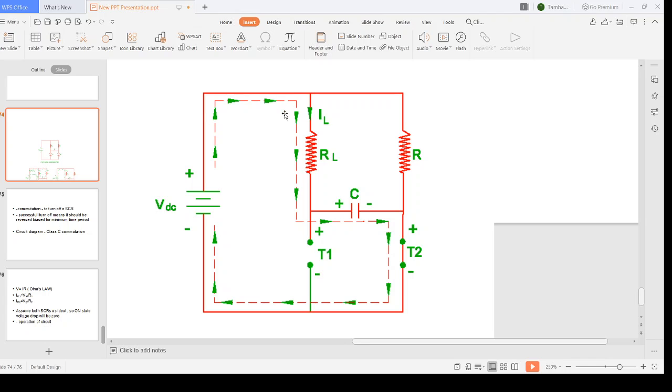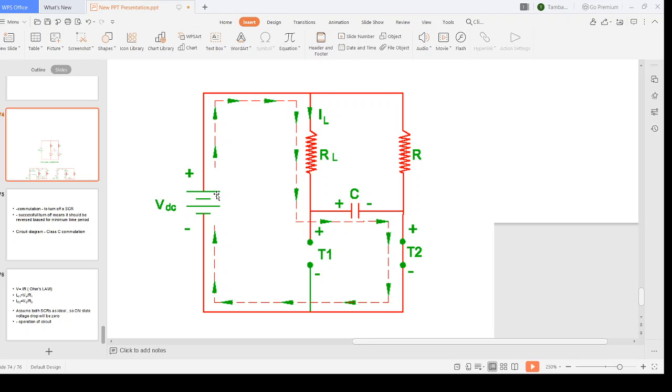I is the value of current, flowing through thyristor T2, and thyristor T1 is in off state. There is an open circuit, or no connection between these two points, and thyristor T1 is in off state and thyristor T2 is conducting.